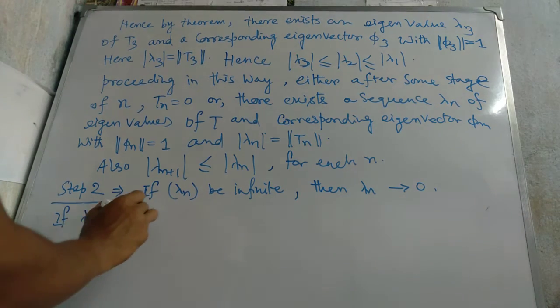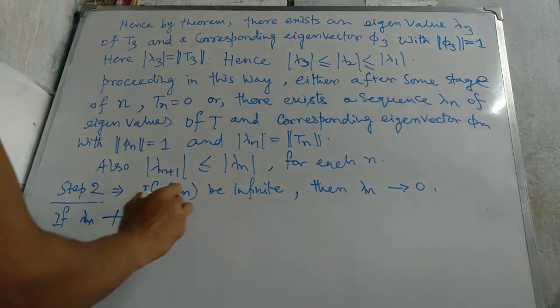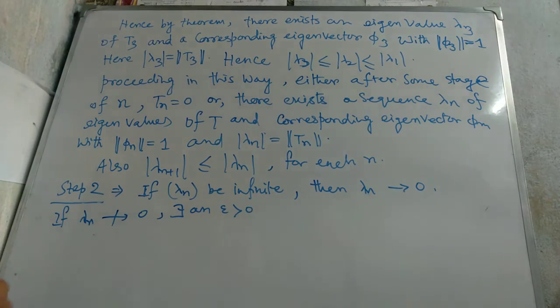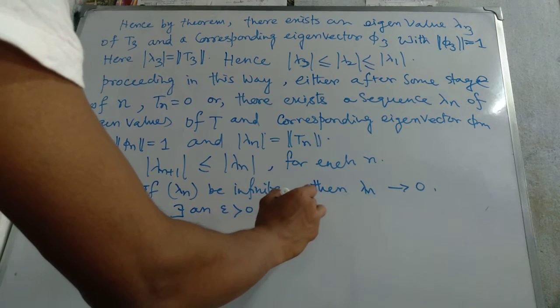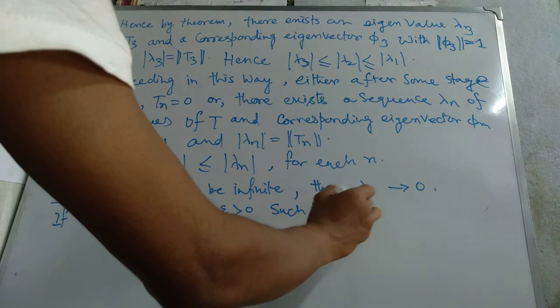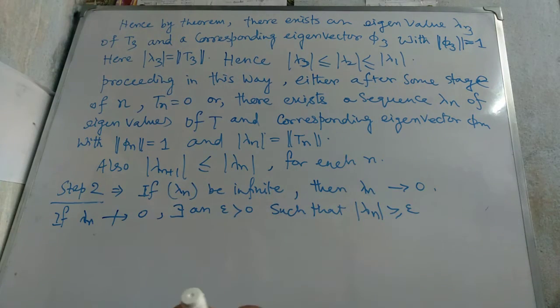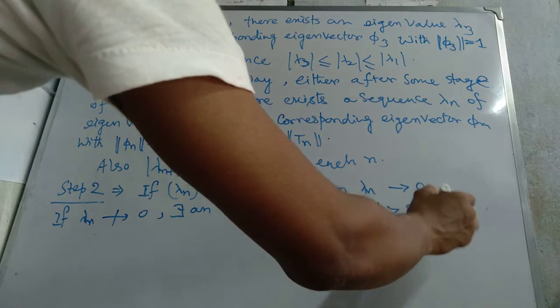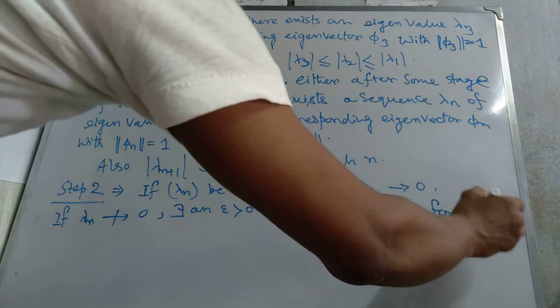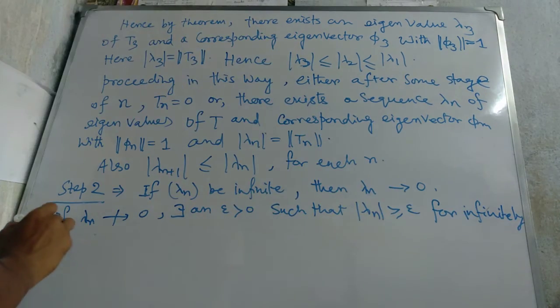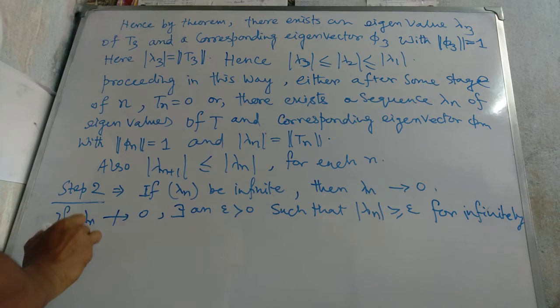If lambda n does not tend to 0, then there exists an epsilon greater than 0 such that norm of lambda n is greater than or equal to epsilon for infinitely many n.